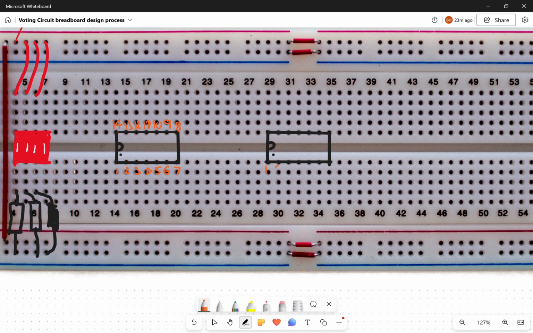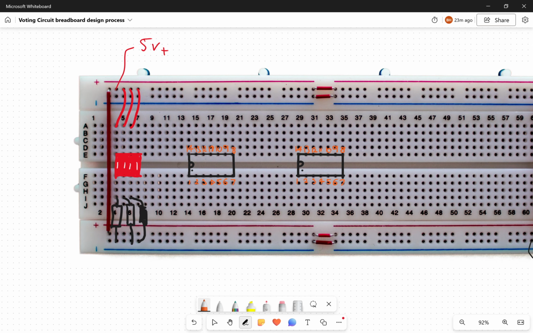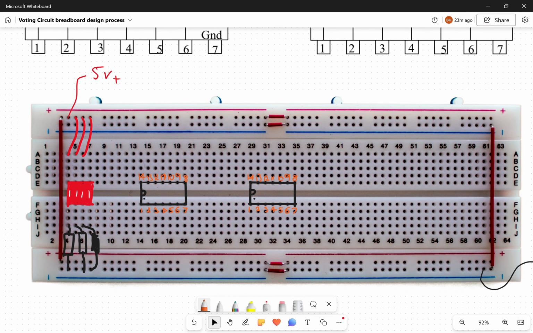Same on this one. And what this will enable us to do is quickly and easily identify these pins of the ICs, so we can simply use the numbers from the circuit diagram above and map it straight across into our breadboard.